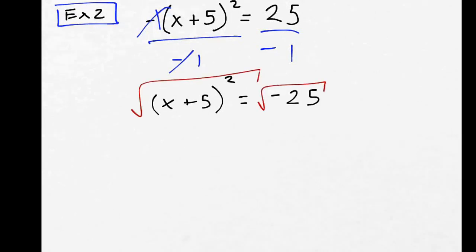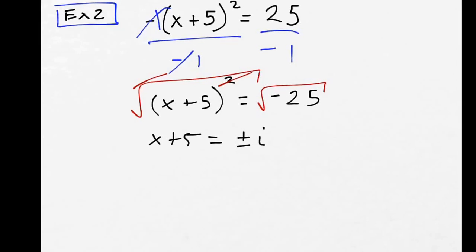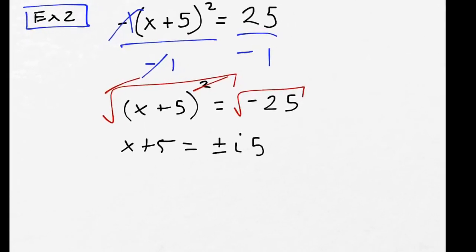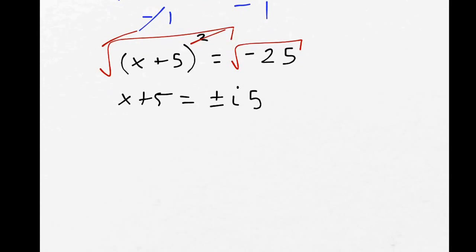Square root both sides. The square goes away, and I get x plus 5 equals, plus or minus. Every time you do the square root, you got to do plus or minus. And I have a negative on the inside, so that means there comes out an i. And square root of 25 is 5 without a radical, so you leave it like that.